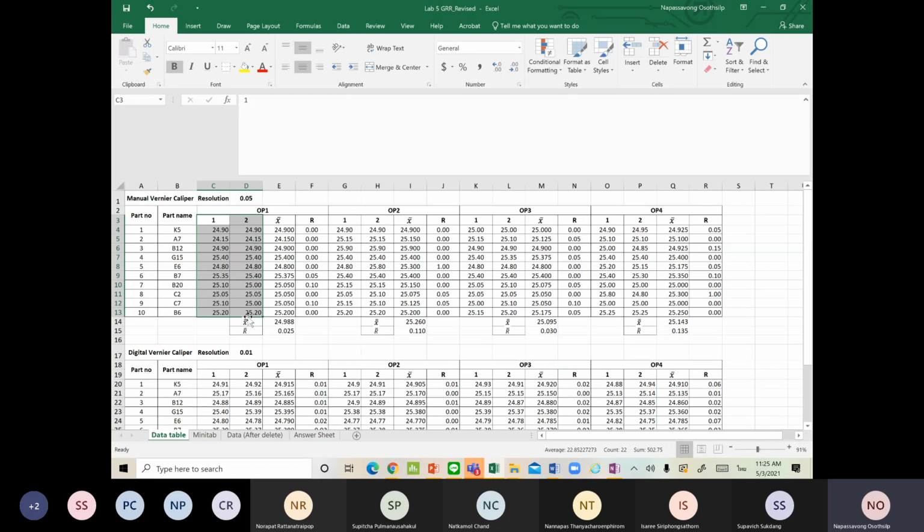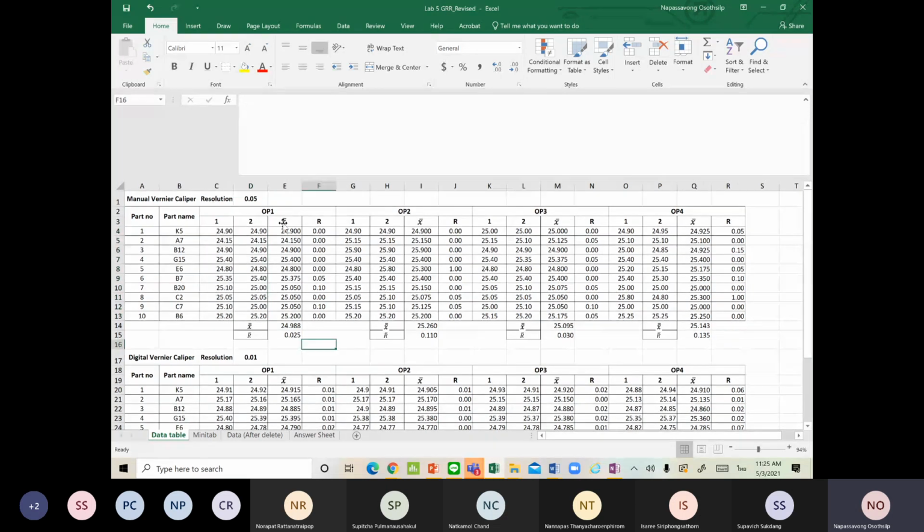And then this team calculates the x bar and average. Take a look at this. If we calculate the average of the 2 measurements for part number 1, we will get x bar, and if we take the difference of the 2 measurements, we will get R column.